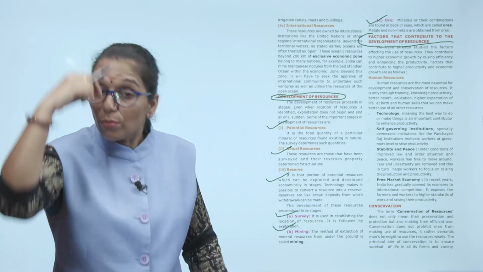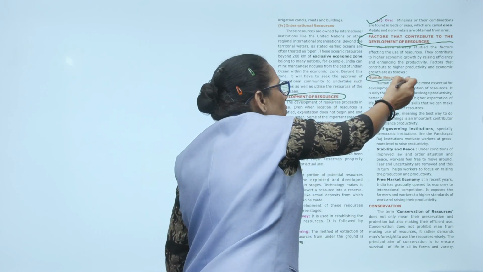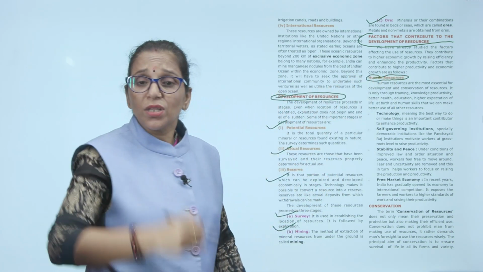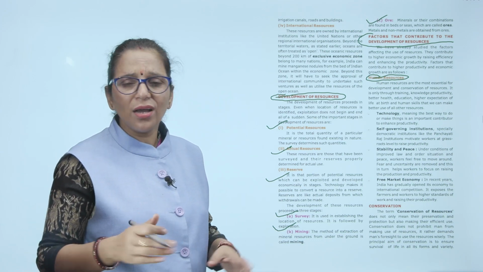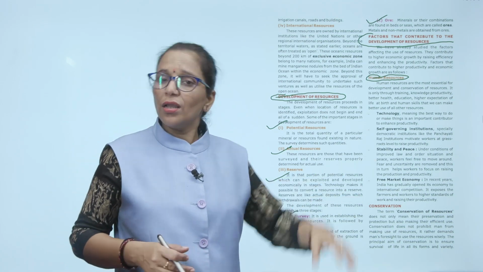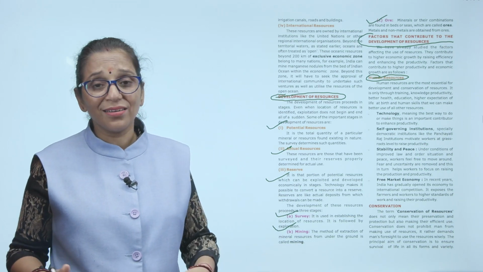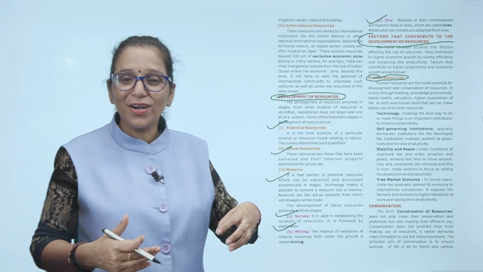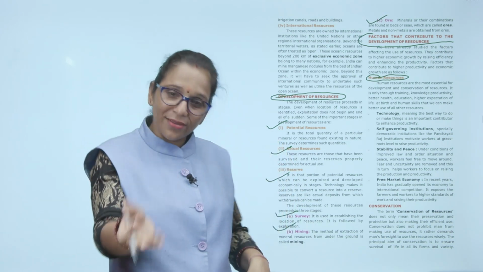Human resource is the most essential for the development of any resource, for the conservation of any resource. If human is not there, then there is no value of resource. So it is only through the training, knowledge, productivity, better health, education, high expectation, skill, etc. Then only the human can convert themselves into the human resource, and then human resource will use the other resource.